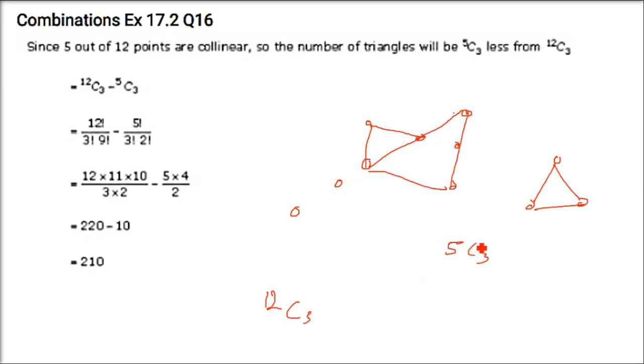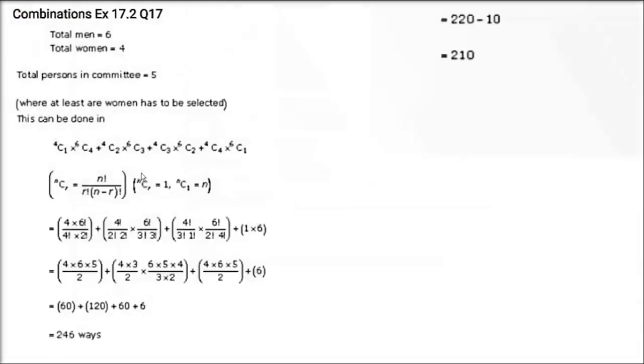So you have to subtract 5C3 from 12C3. 12C3 is all the possibilities of triangles. 5C3 is all the possibilities with these 5 points which will never make a triangle, but we have included them in 12C3. So you have to subtract 5C3 from 12C3. I hope you got the idea.